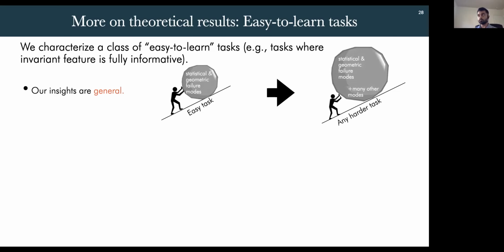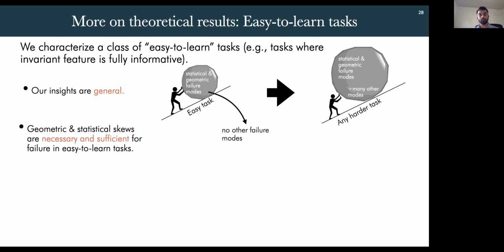We also show that, as far as these easy tasks are concerned, the skews that we saw are necessary and sufficient for failure. In other words, in these easy tasks, there are no other such failure modes. This would be of theoretical interest.